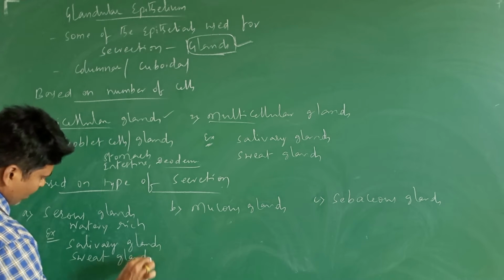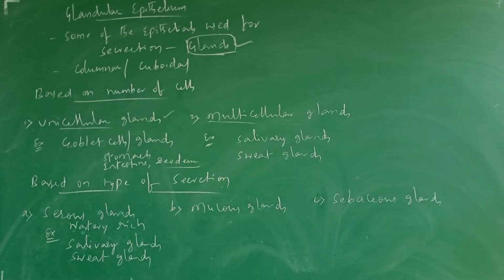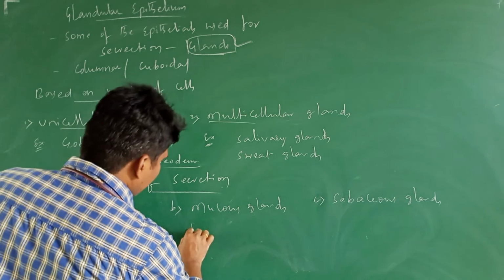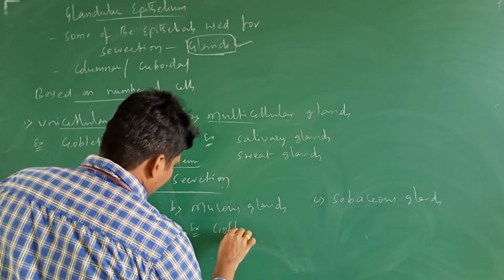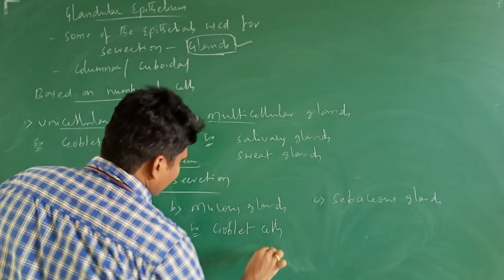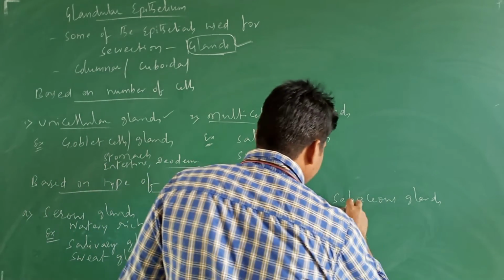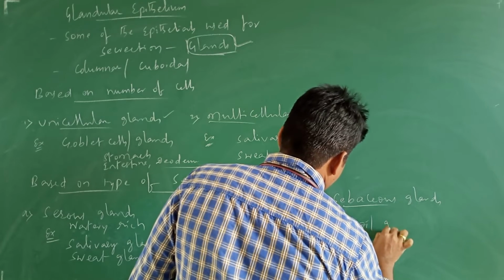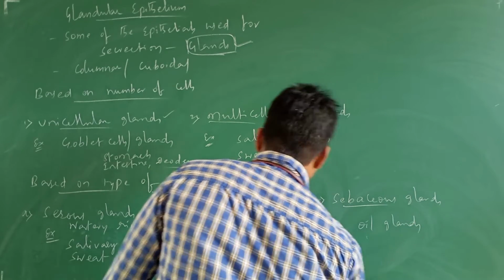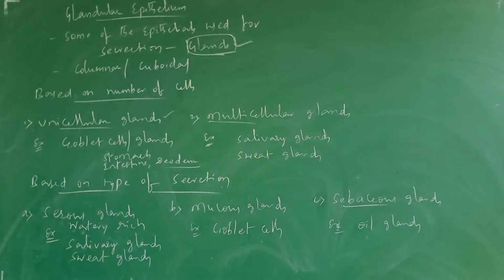Watery like material is produced by salivary glands and sweat glands, which come under this. Next, here it is mucus. Example, just now I told, goblet cells are glands. Next, sebaceous, the name itself indicates oil. Sebaceous glands, oil glands.